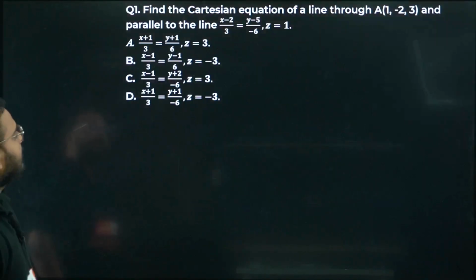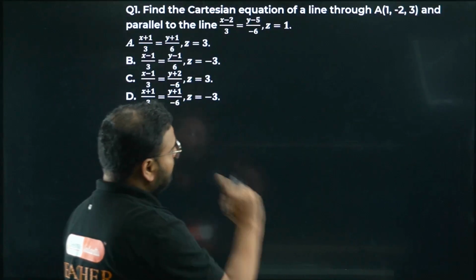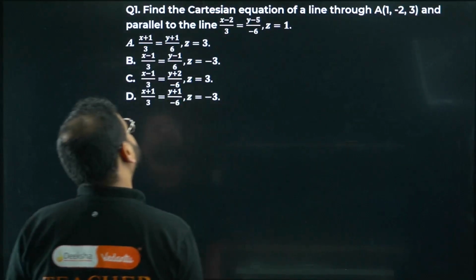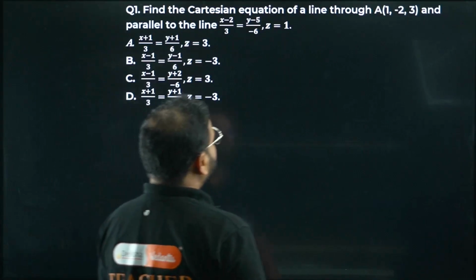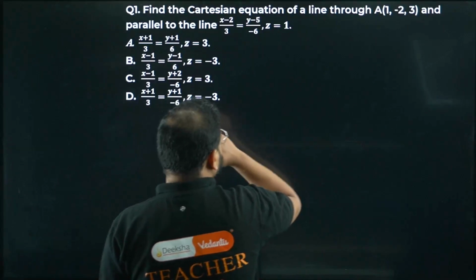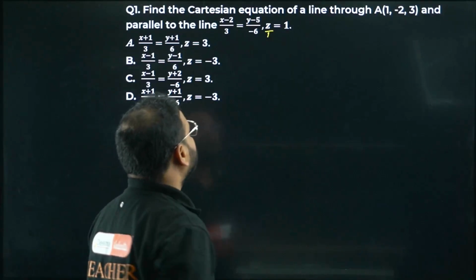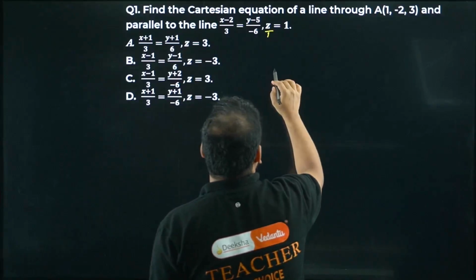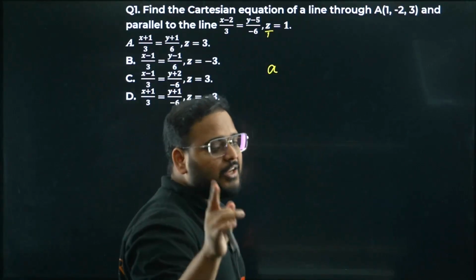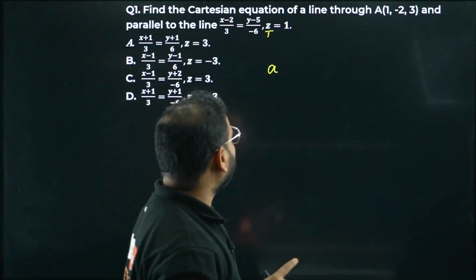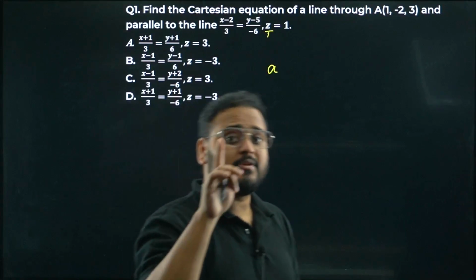Moving on. First question that we have to solve. Let's see. Find the Cartesian equation of the line through (1, -2, 3) and parallel to the given line. Okay, great bacha. From here what we see is this is nothing but 1, right? One thing, just check once: the coefficient of x, y, z should always be 1.